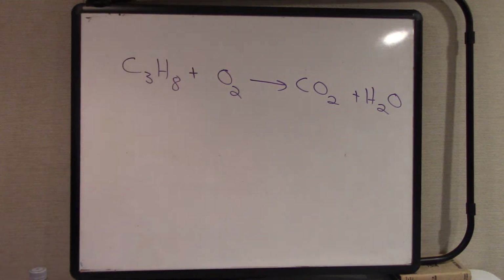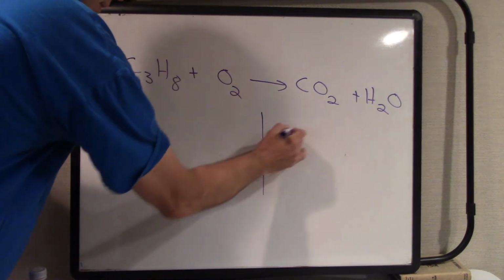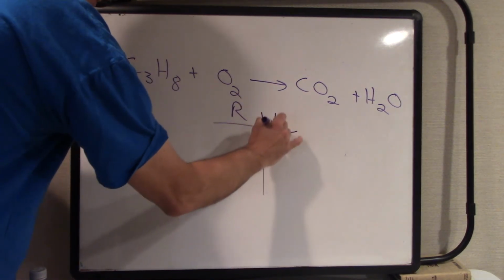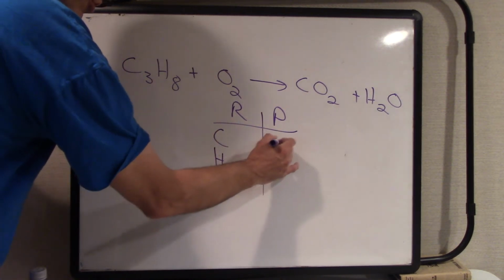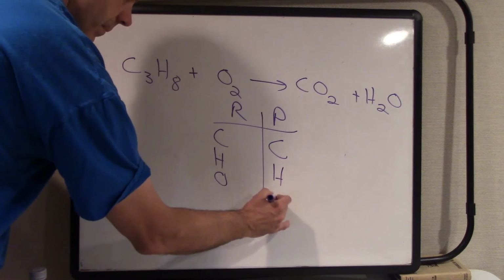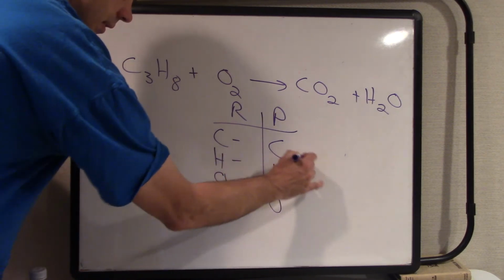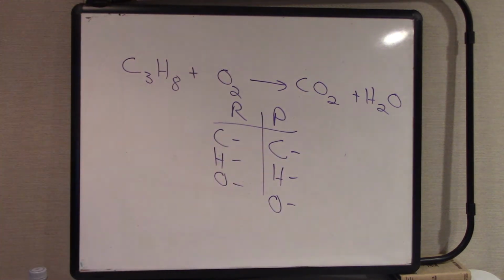So again, we're going to use the same technique we did in the previous problem. Reactants, products. Here I have carbon, hydrogen, and oxygen all in play. And right away, I'm just going to take a real quick accounting of where I currently stand.